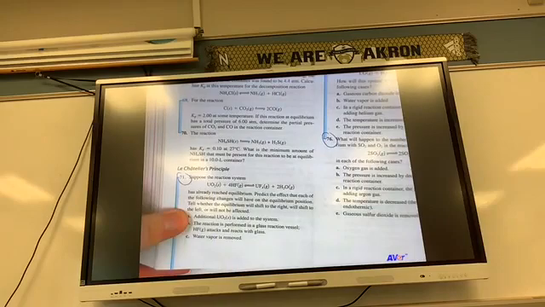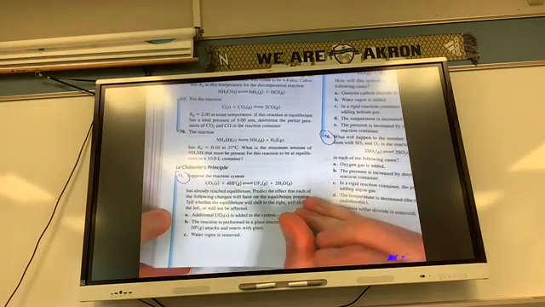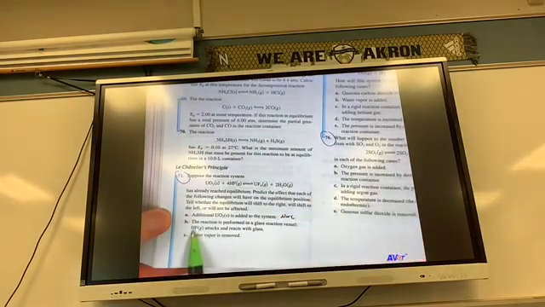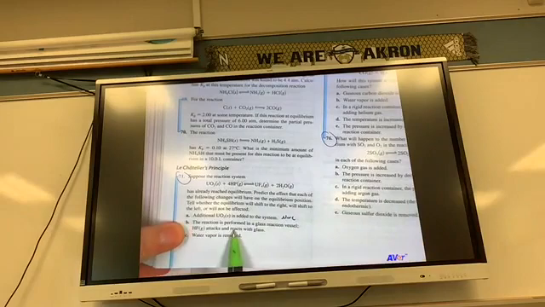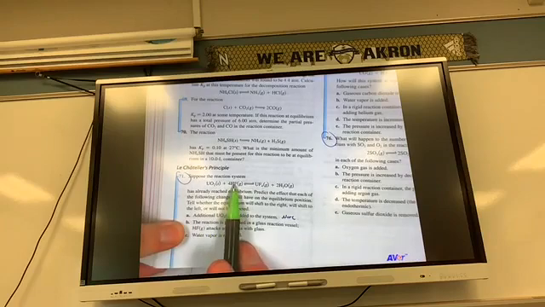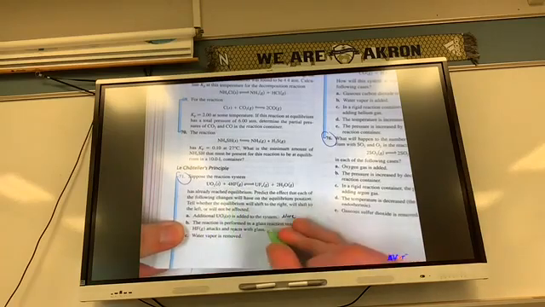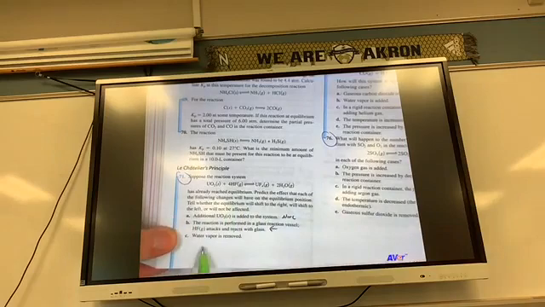Well, that's a solid. So none. B, the reaction is performed in a glass reaction vessel. HF attacks and reacts with the glass. Well, that means I'm going to have less of this reactant. If I have less reactant, it's going to shift left. Water vapor is removed. That means I have less product. So that means it's going to shift to the right. That's 71.